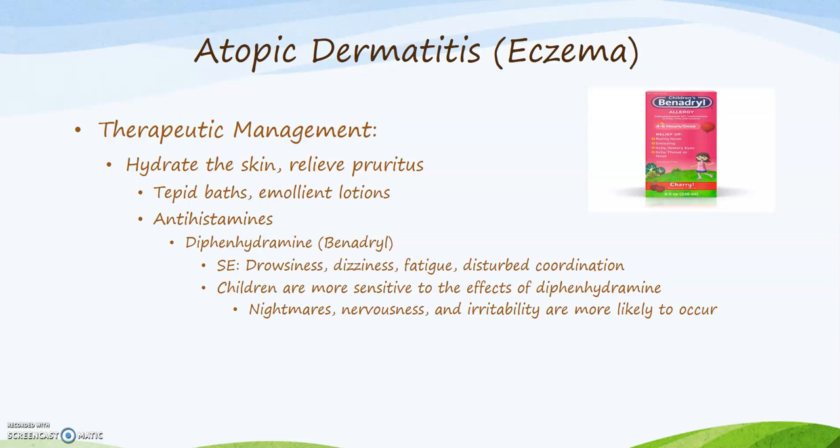So it depends on which way the Benadryl is going to affect the child. As it says here on the slide, children are more sensitive to the effects of diphenhydramine. They can have nervousness, irritability, hyperactivity, the opposite of the drowsiness that we usually expect in the adult population with diphenhydramine or Benadryl.